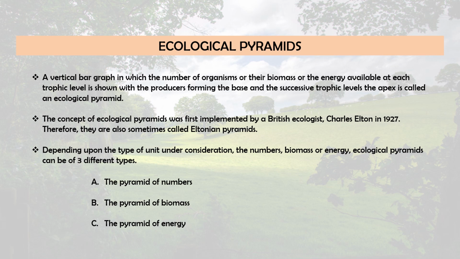And what is an ecological pyramid? It is a vertical bar graph where number of organisms or their biomass or the energy available at each trophic level is shown with producers present at the base and successive trophic levels like primary consumers, secondary consumers, tertiary consumers towards the apex.